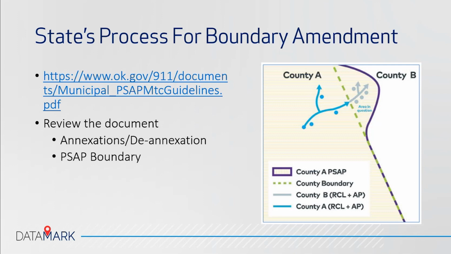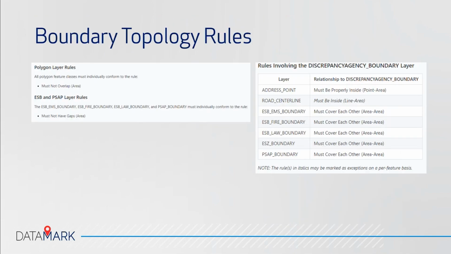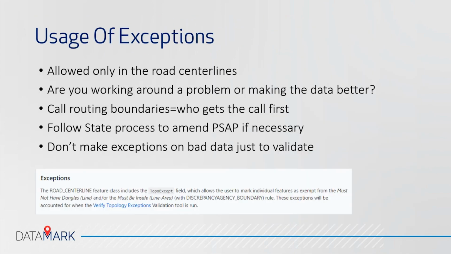Okay. However, further down the road, I think the expectation would be that you decide to make that adjustment to encompass that area. But these are future discussions that you'll want to have with your neighbors when the time comes. Okay. So again, exceptions are only allowed in the road center lines, and you want to make sure that you're asking the question, hey, am I working around a problem or am I making the data better?